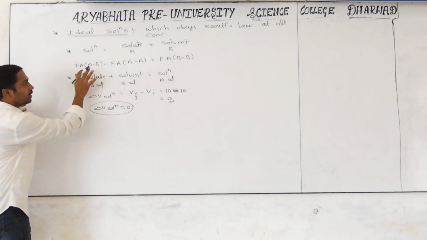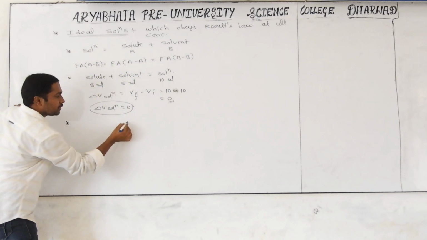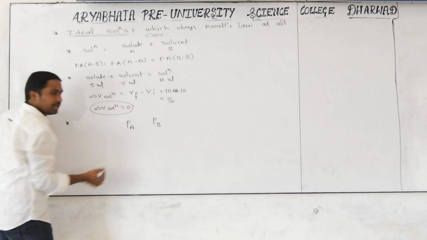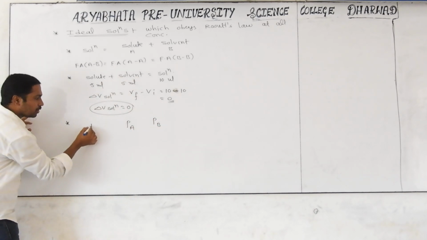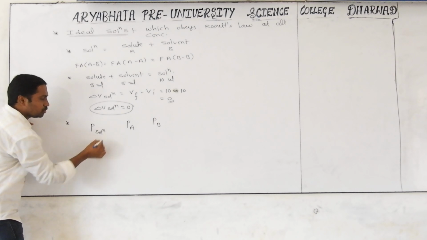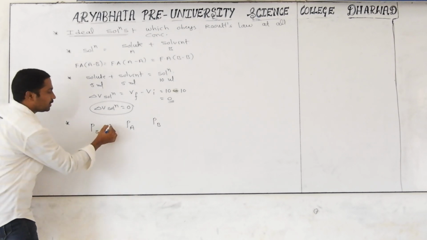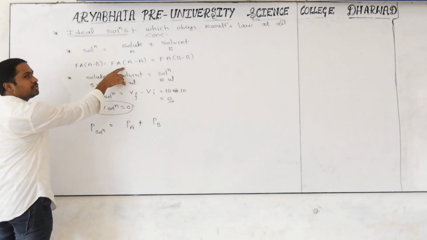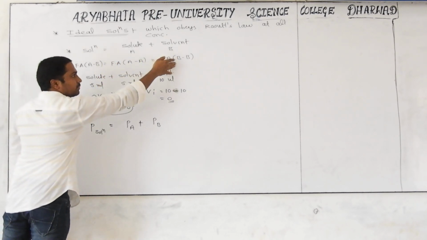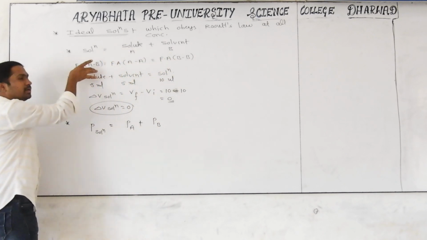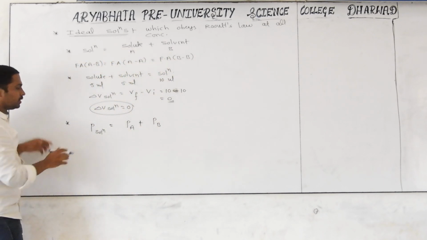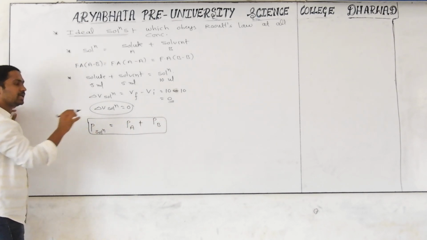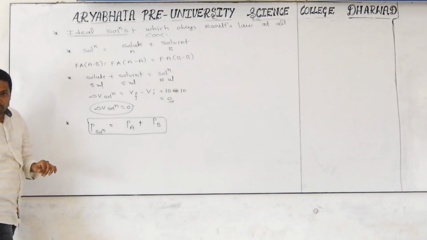Take the partial pressure of A, the solute, as PA, and the partial pressure of B as PB. The total pressure, that is the vapor pressure of the solution, is equal to these two values. Because this is also volatile in nature, it has some vapor pressure. Together they equal the vapor pressure of the solution. So under an ideal solution, the vapor pressure of the solution is exactly equal to the sum of the partial pressures of the two components.